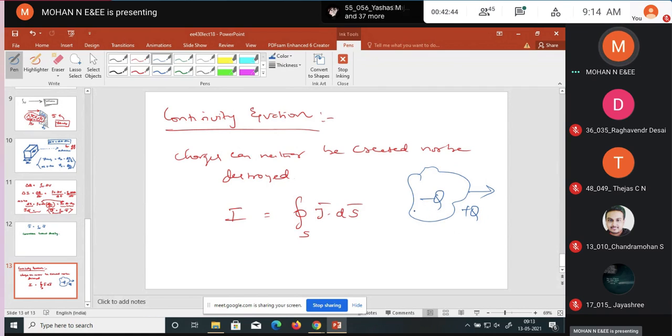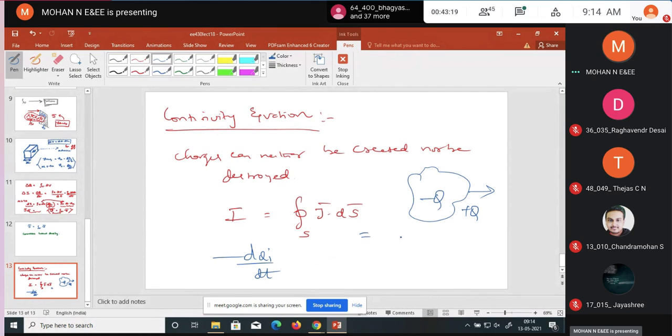This is nothing but the principle of conservation of charge. The rate of decrease is denoted by minus dQi by dt, where Qi indicates the charge within the closed surface.